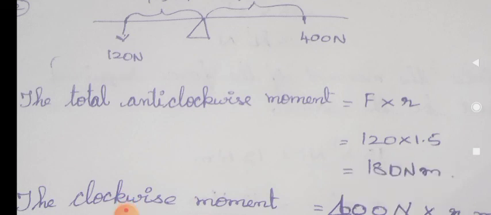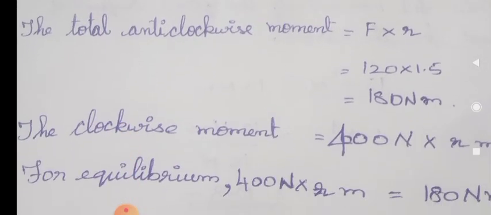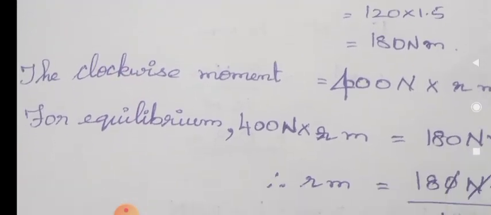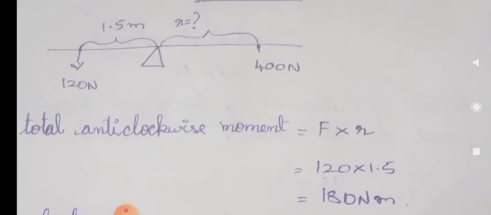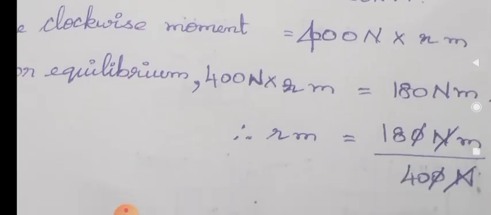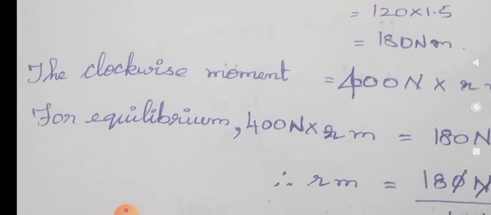Okay, children. Now let us calculate for the man, who is the clockwise moment. The clockwise moment equal to the same formula. For the man, the force is 400 Newton and we have to find out the R. So how can you find out?